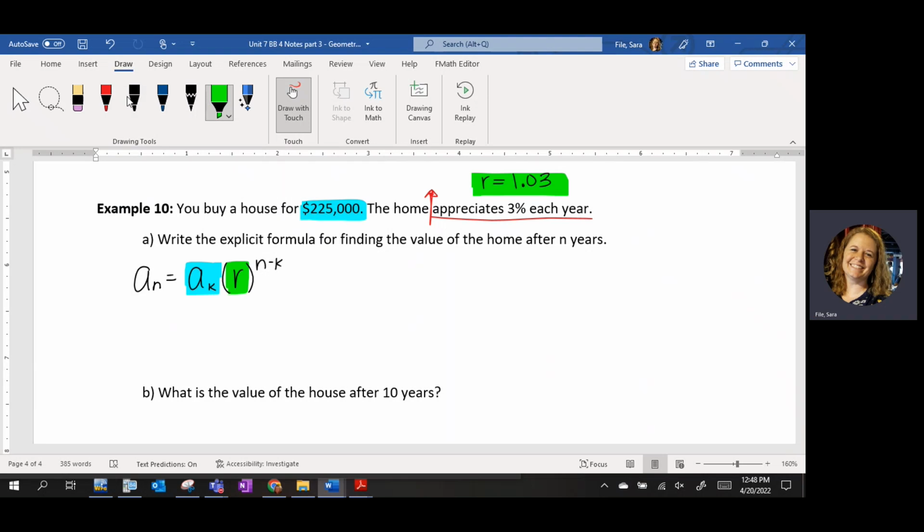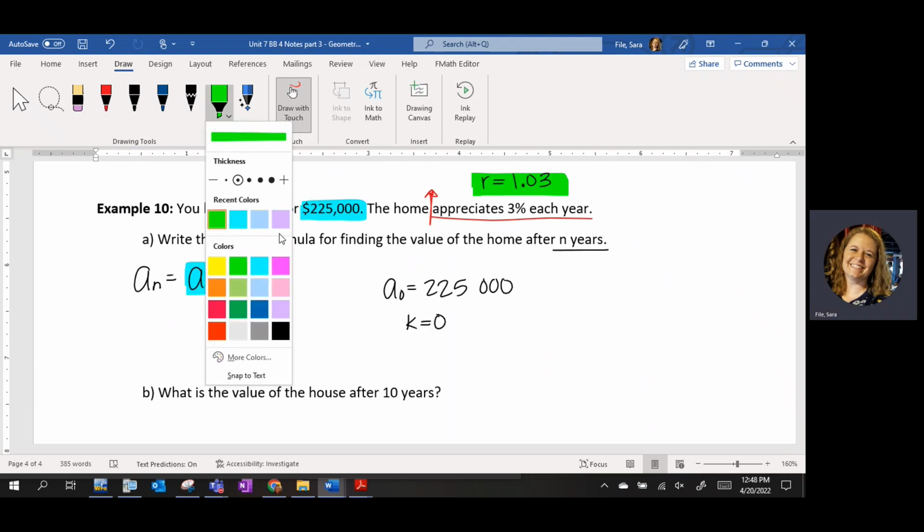And then K, this initial value we used, because N is representing years, this was not year 1, this was year 0. This was the initial price, right? So this is actually A sub 0, that's 225,000. So K is 0.